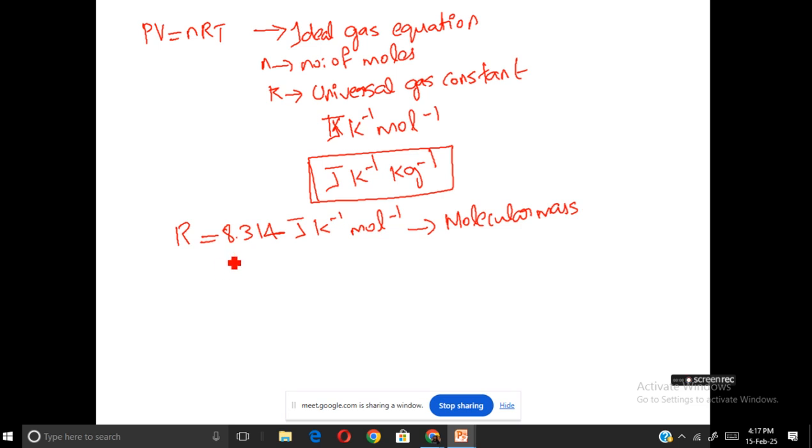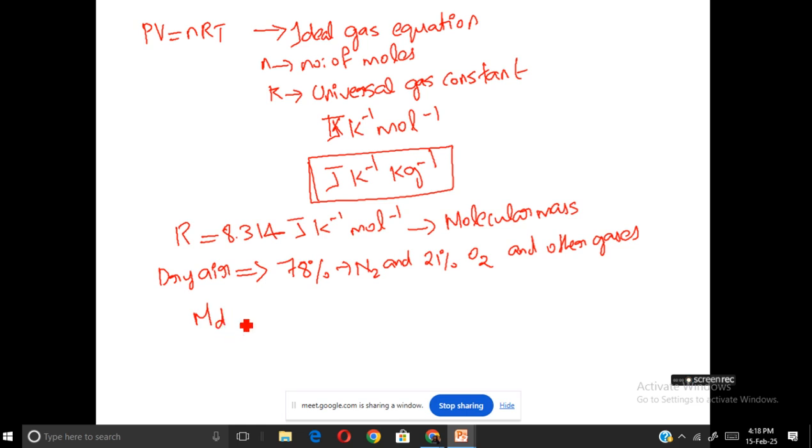Suppose we are considering dry air. Dry air means there is no water vapor in that air parcel. Dry air is composed of 78% nitrogen, 21% oxygen, and negligible amounts of other gases.